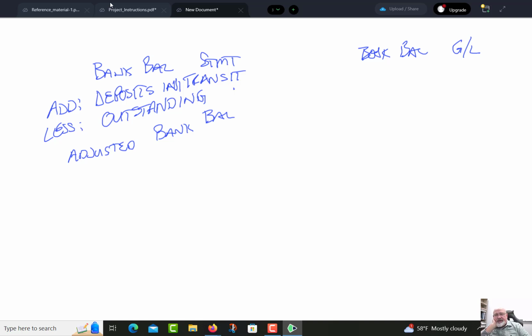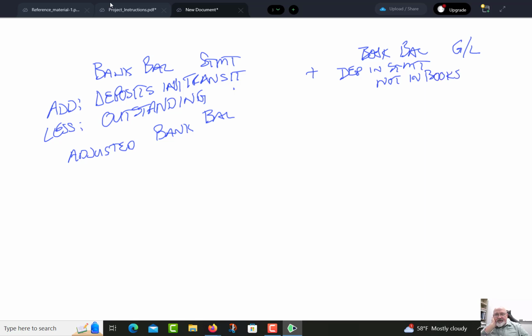If we have any deposits that we didn't have recorded, so the bank collects something for us, so there's a deposit in the statement but not in our book, we're going to add it in here. So if it's in the statement but not in the books, we want to add it in.